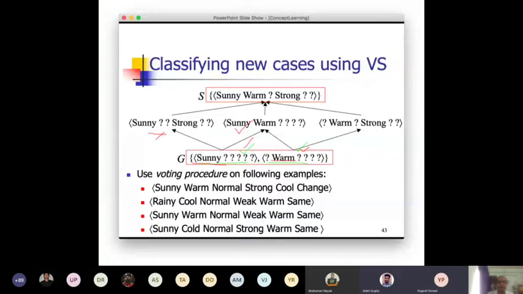Sunny and strong. So there are only two hypotheses which are satisfying. Other four are rejecting it, which means the majority says reject this instance. So these are the kind of policy that I was talking about.